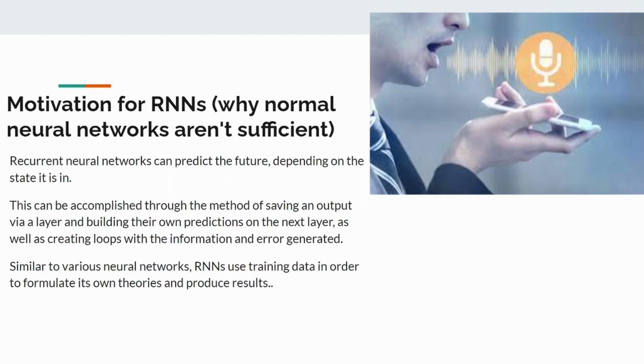They can save their predictions for the next layer, and create loops with the error and information generated using gradient and backpropagation. Similar to other neural networks, recurrent neural networks use the training data they have been assigned in order to formulate their own theories.